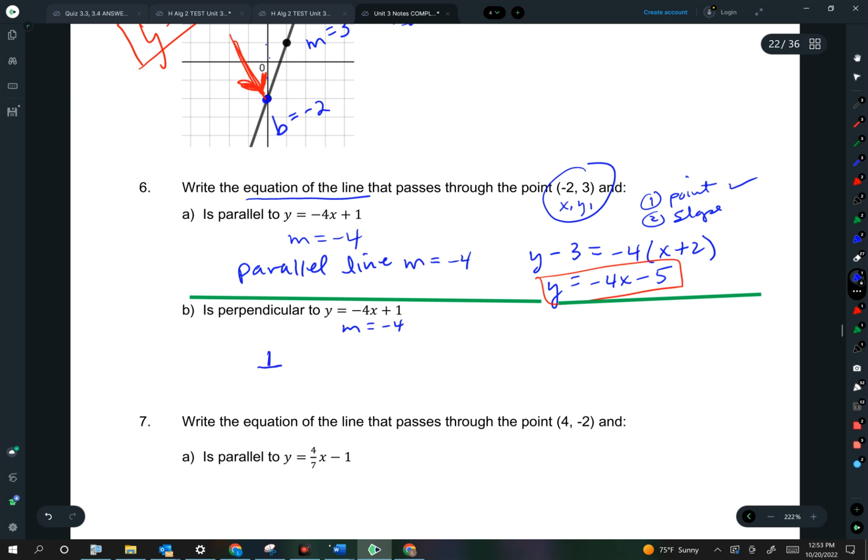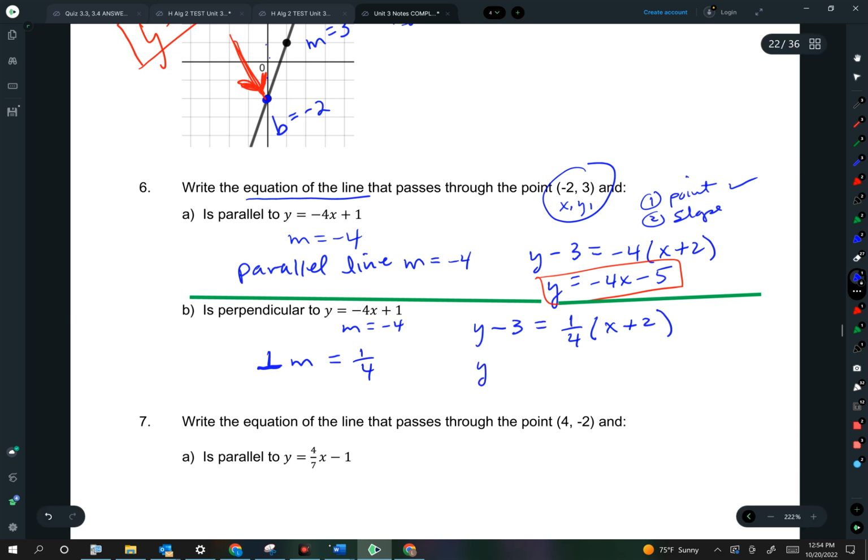So wouldn't the perpendicular slope be the opposite reciprocal? So the perpendicular slope would be positive 1/4. So I can write my equation. I can say y minus, remember y1 was 3, equals my slope of 1/4, and then x minus negative 2.